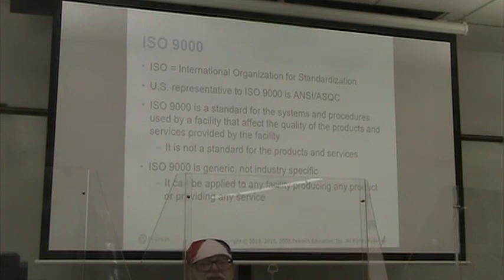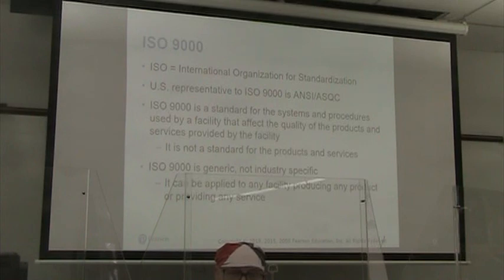ISO 9000 is just the kind of standard way we talk about this. For example, I helped with the ISO process at the Corpus Christi Army Depot, where they were given an ISO 14010 rating because of the work that they do.